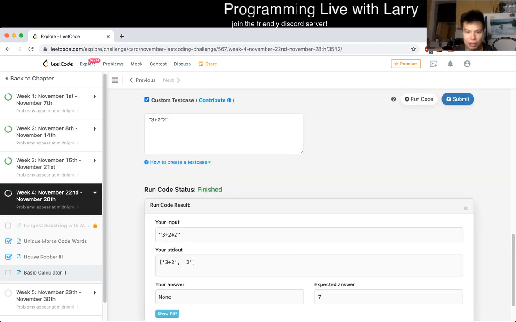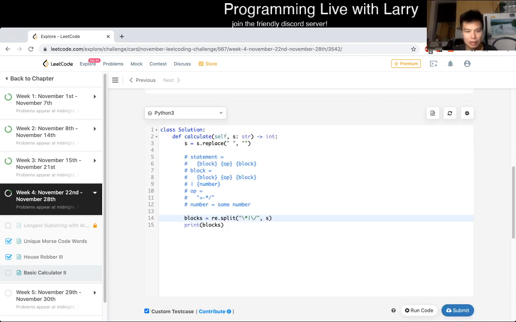Okay, but now we also want to keep the token, because it is important to know whether we do a multiplication or division, right?